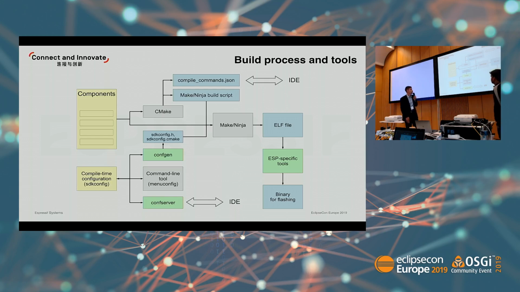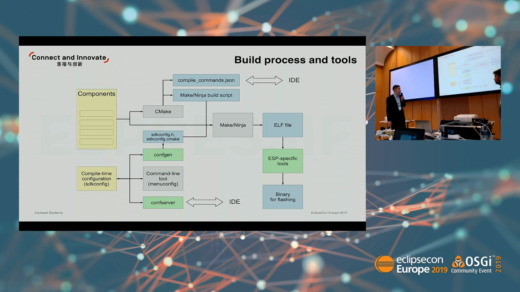The top part is essentially your normal C application you build with CMake. You have sources, you feed the sources into CMake, and CMake generates a build script, which is Make, Ninja or even an Eclipse project. That feeds into the build system, and from the build system you can produce an ELF file, and ultimately this ELF file gets loaded into your development board.